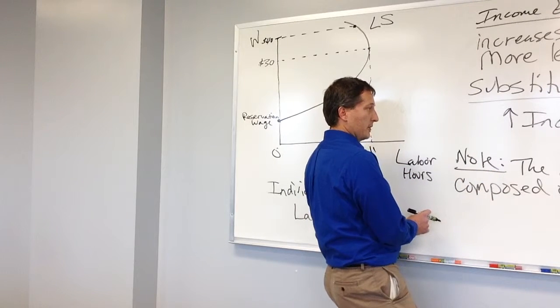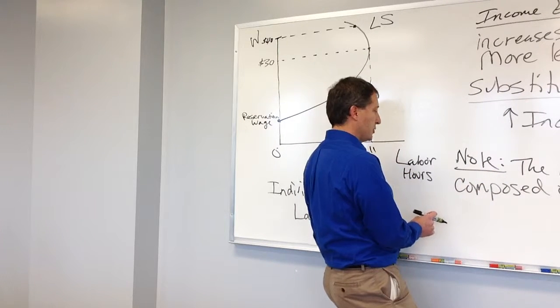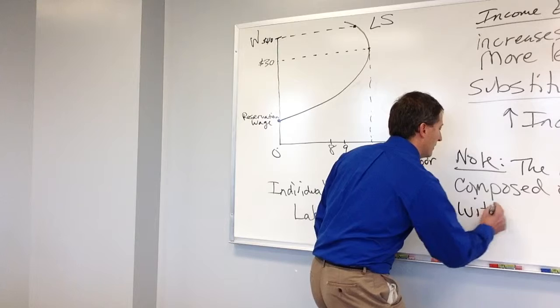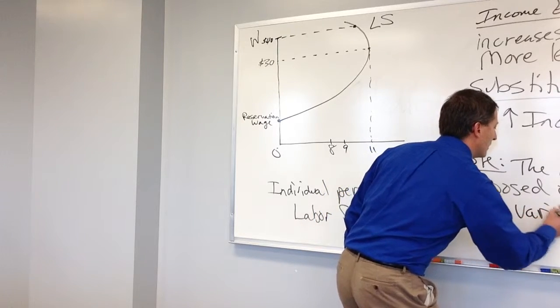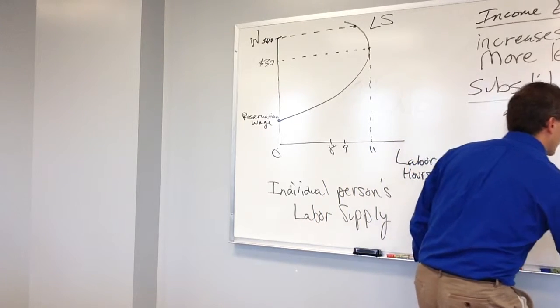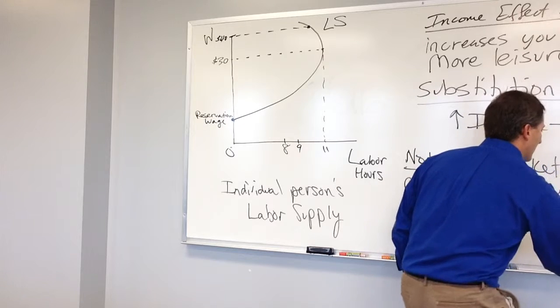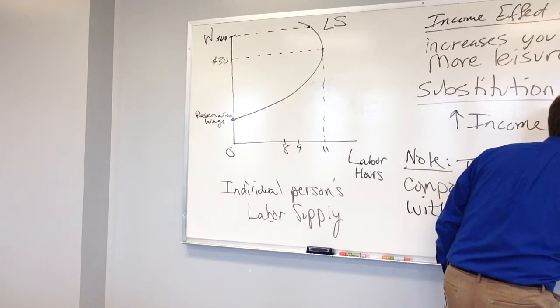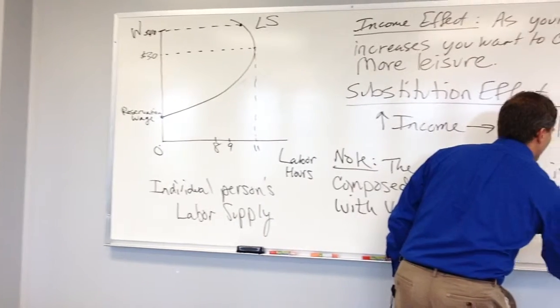The market supply curve is composed of many individuals with various reservation wages, income effects, and substitution effects.